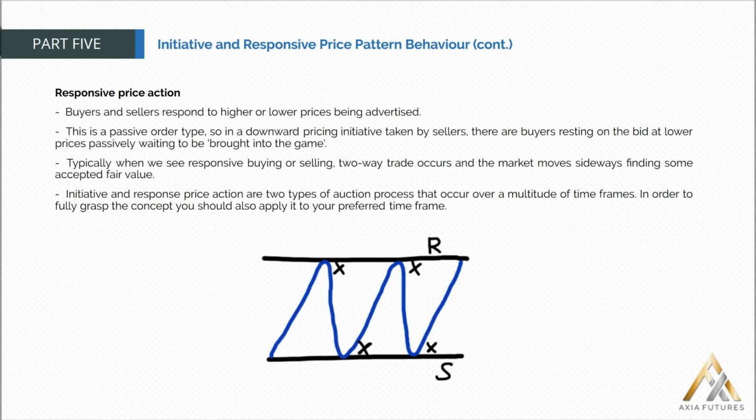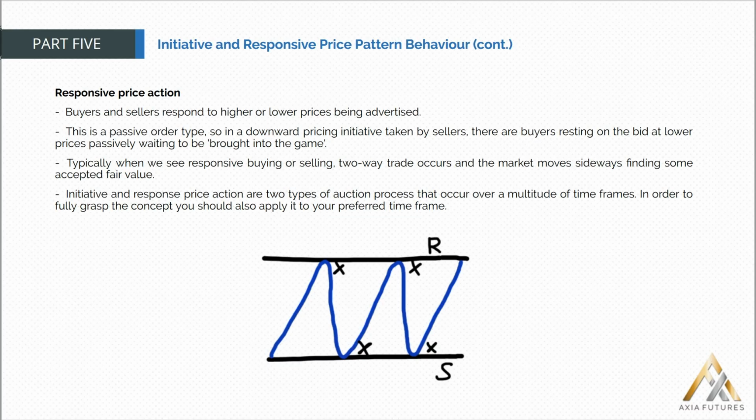Initiative and responsive price action are two types of auction process that occur over a multitude of time frames. In order to fully grasp the concept, you should also apply it to your preferred time frame. Guys, this isn't just a 1 minute or a 2 minute or a 10 minute, half hour, hourly, daily.